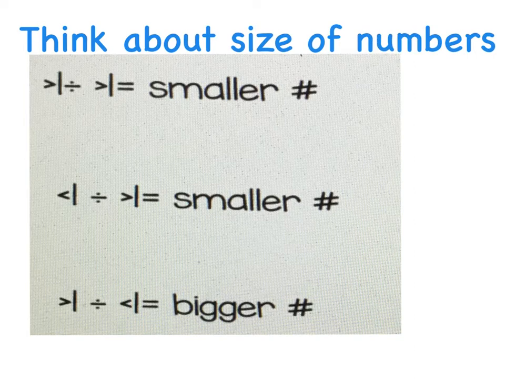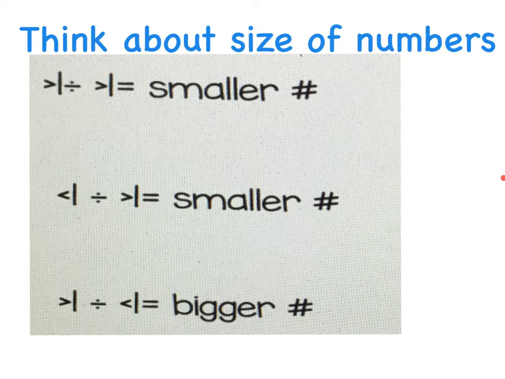And we can also think about the size of our numbers to help us learn a bit more about the size of our quotient. So we talked a little bit about this yesterday. Usually when you divide, your answer gets smaller than whatever number you started with. The only exception when we're working with decimals is when the number after your division sign is less than 1.